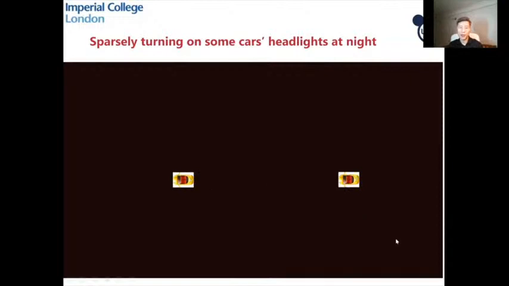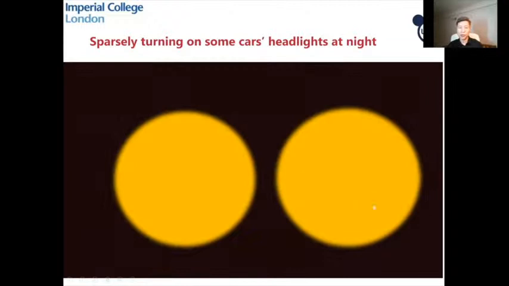But what you can see in the darkness is two glowing blobs. If we can localize the centroid of these blobs, then we know where the cars are.